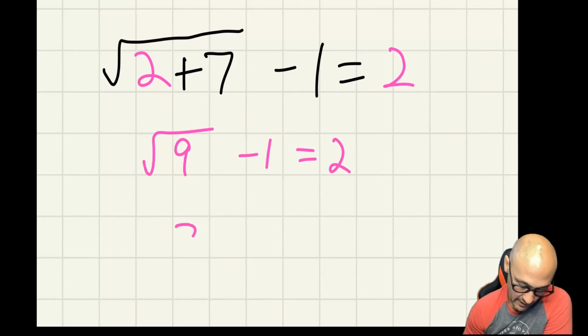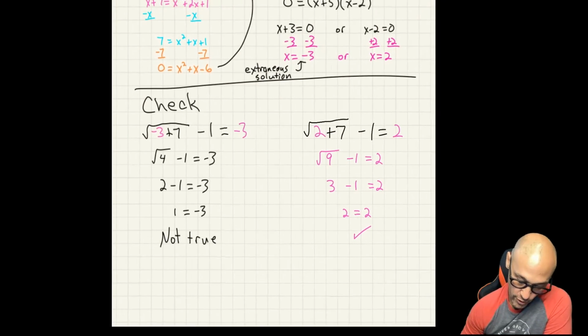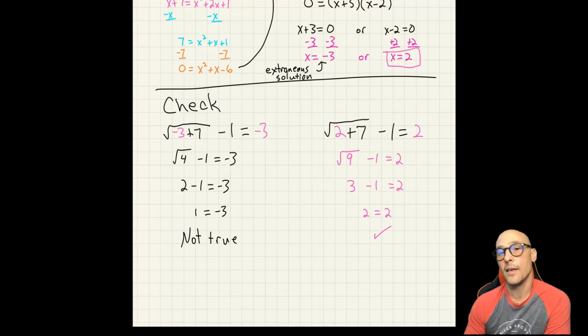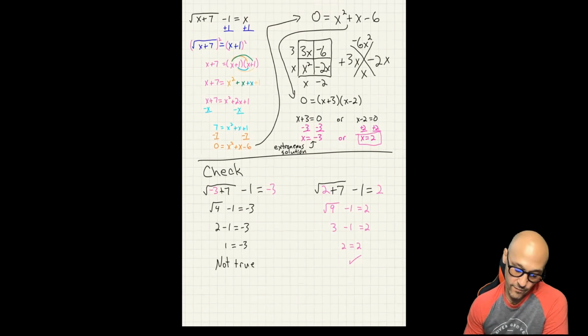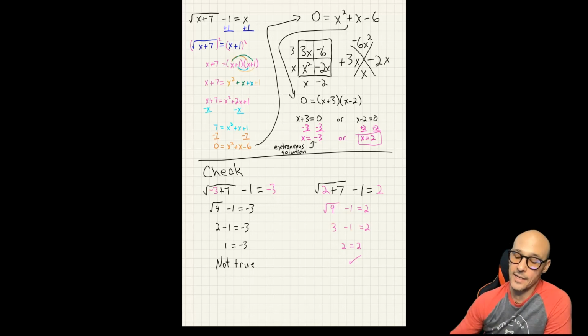Well, the square root of 9 is 3 minus 1 equals 2. 3 minus 1 is 2 equals 2. That is a fact. That's true. And so this x equals 2 is the only solution for this equation. There was one extraneous solution and one real solution. And that is how we solve problems of that nature.